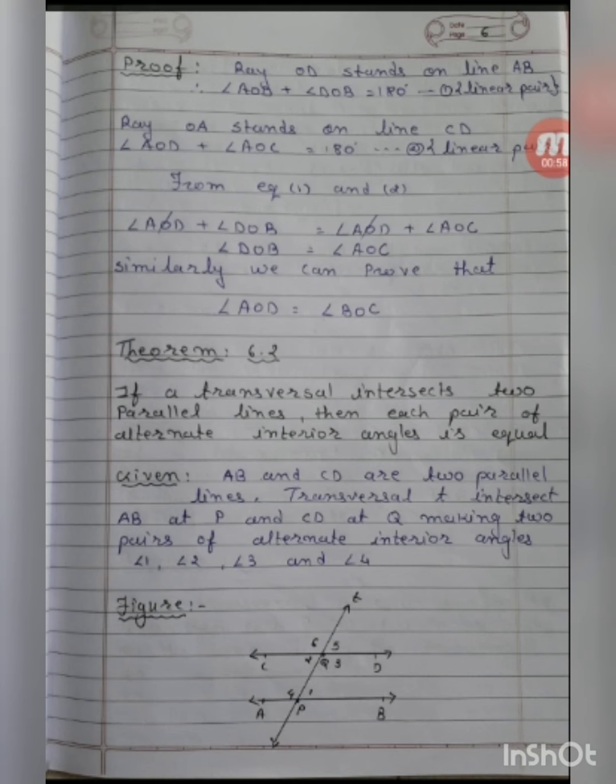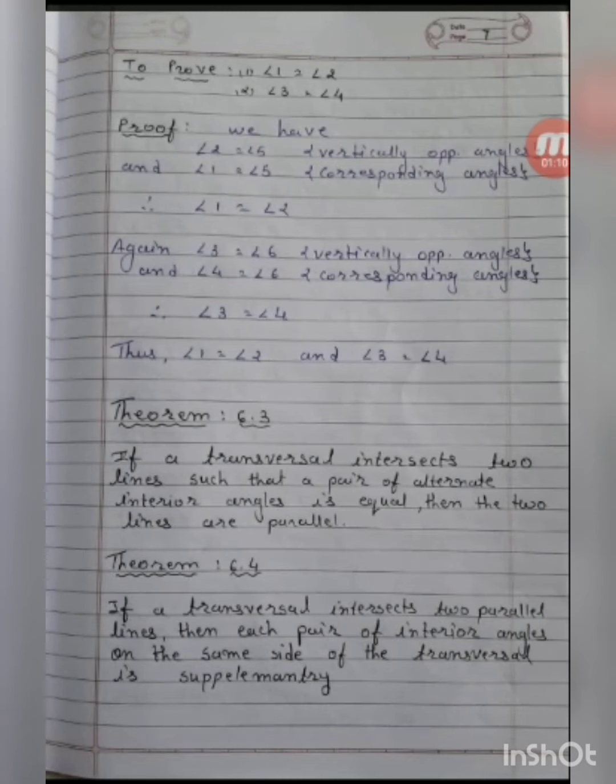Now you see in the figure, I draw AB and CD as two parallel lines, and T is a transversal. Angles 1, 2, 3, 4, 5, 6 are given here. To prove: angle 1 is equal to angle 2 and angle 3 is equal to angle 4.